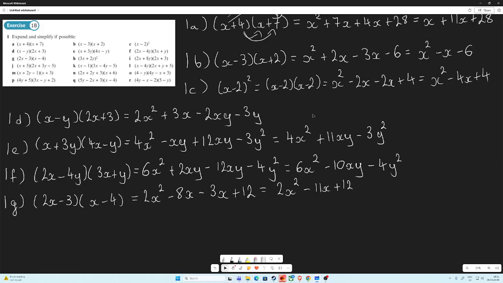And 1h. We have 3x plus 2y all squared, which is equal to, well, that's just 3x plus 2y times itself.